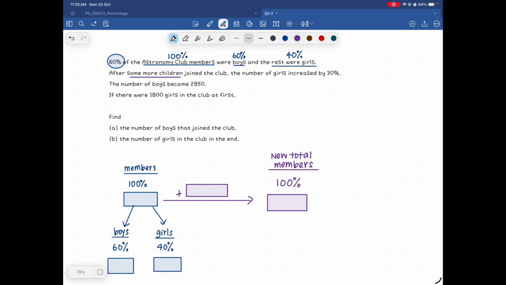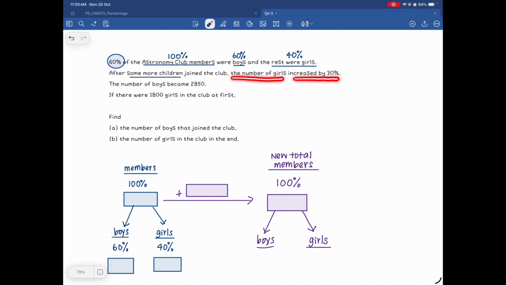There are still two groups of students, boys and girls, so I'm going to put that information in first. The number of girls increased by 30%. What does this mean? It means that the existing number of girls has an additional 30% joining them.